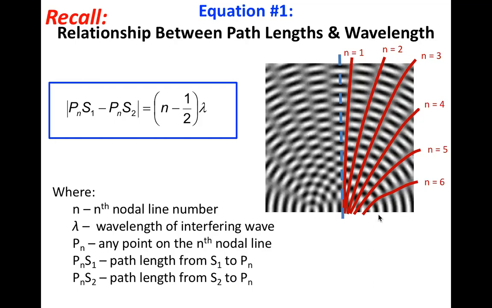So we have the line that connects the sources, then we cut that line in half and make it 90 degrees to the original horizontal line. And then the first nodal line that you see to either side is called n equals 1. So based on path length difference, we have this first equation. So that's the difference between this green line and this green line.